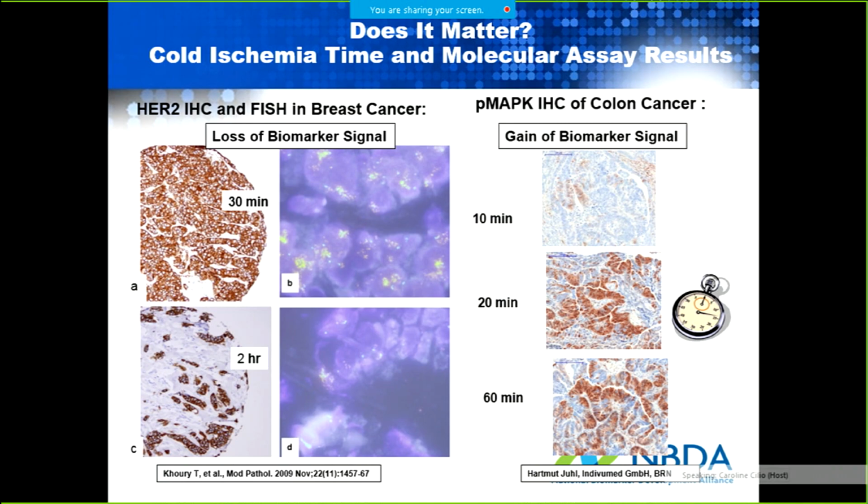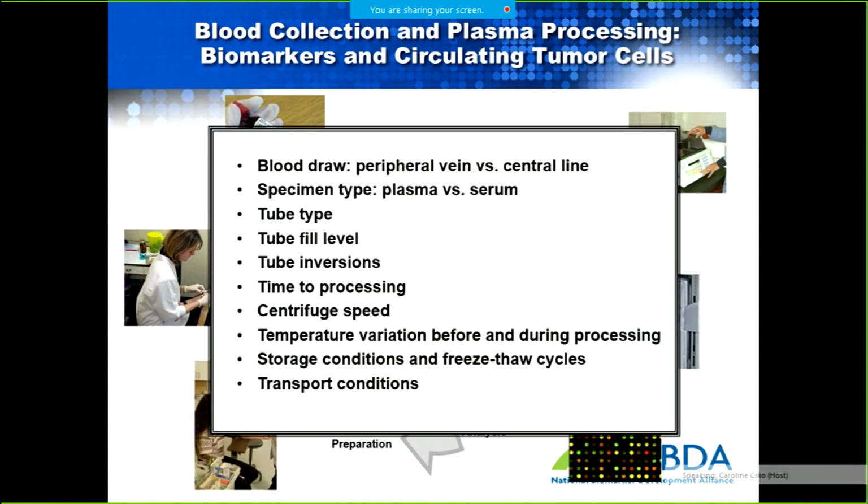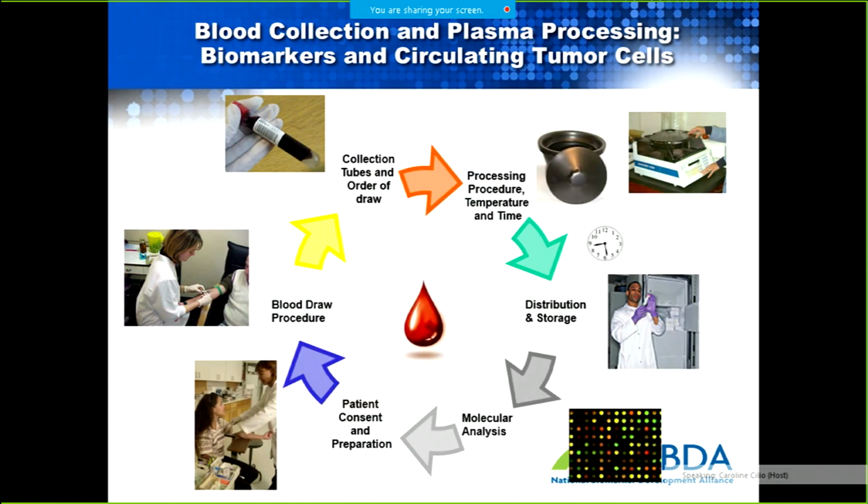The loss of signal in just 2 hours would change the readout of a 2+ positive HERCEP test for a woman with breast cancer to a negative result. Purely spurious, having nothing to do with the biology of the specimen, or you can have a gain of signal. It depends on the specimen and the analyte that you're dealing with.